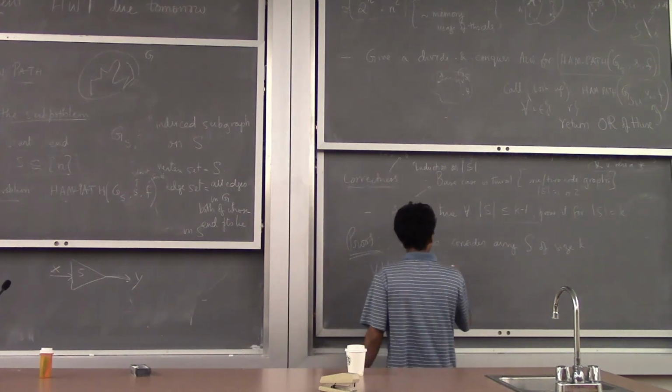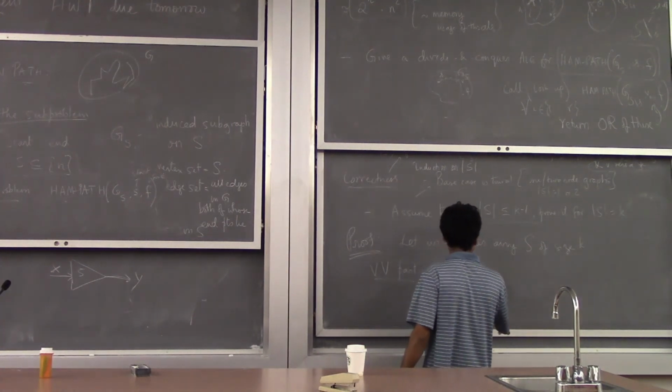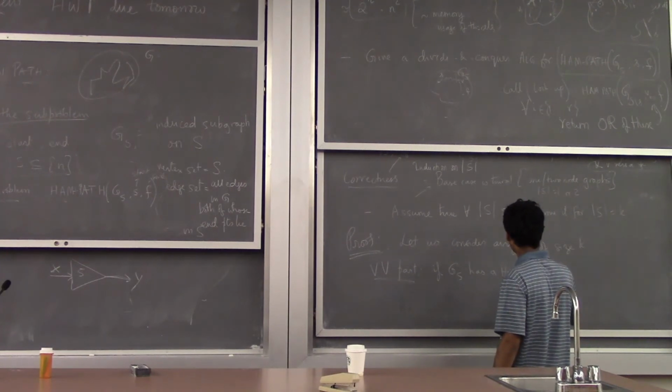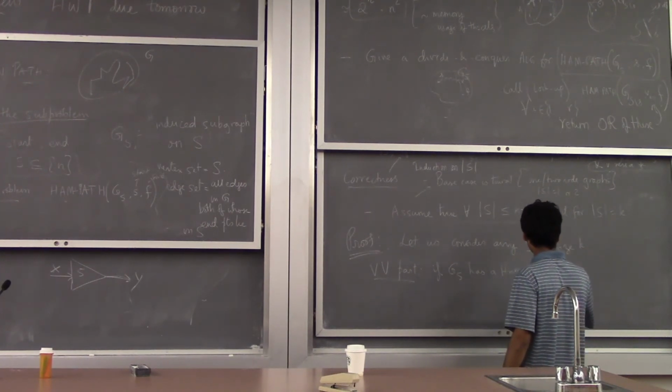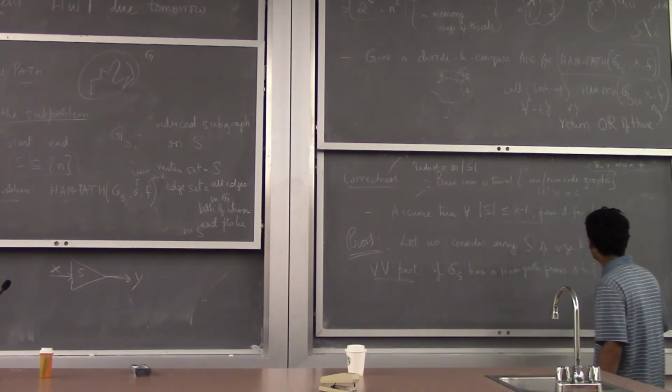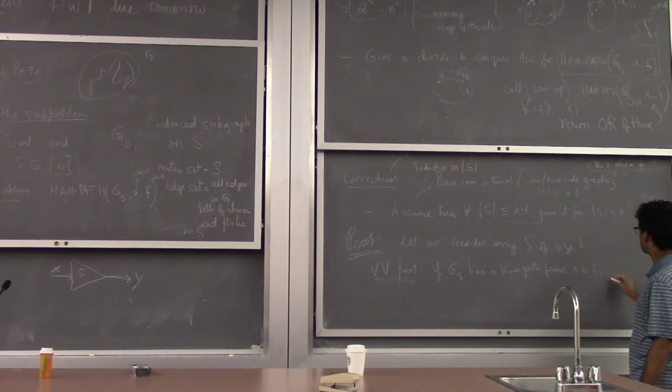If G sub S has a Hamiltonian path from S to F, the algorithm returns true. Right?